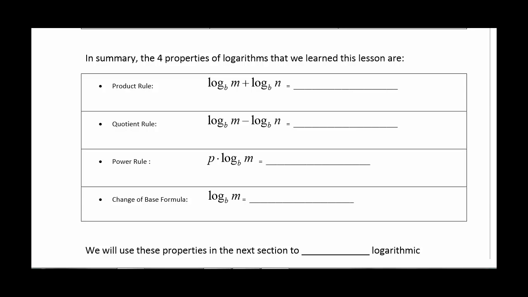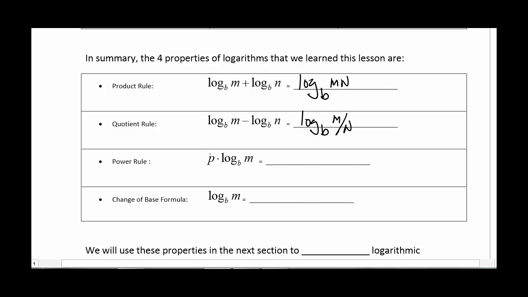Okay, so in summary, the 4 properties that we've learned in this lesson are this. The product rule: log base b of m plus log base b of n, we can rewrite as log base b of m times n, being multiplied. Then we have the quotient rule: log base b of m minus log base b of n translates to log base b of m divided by n.